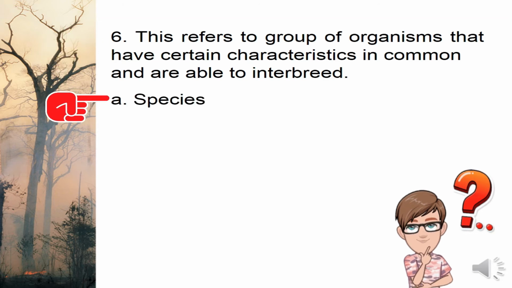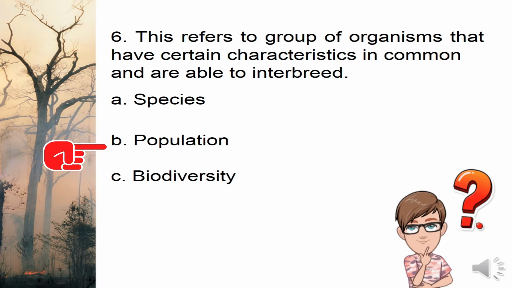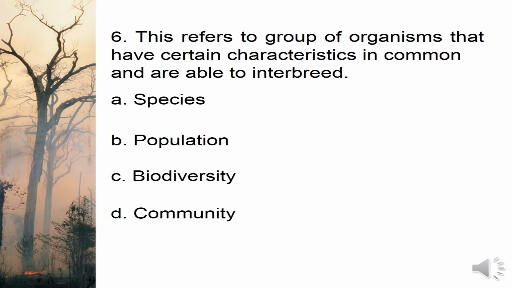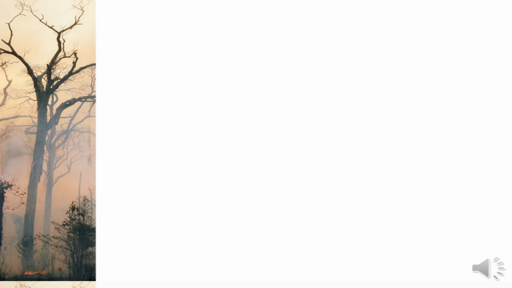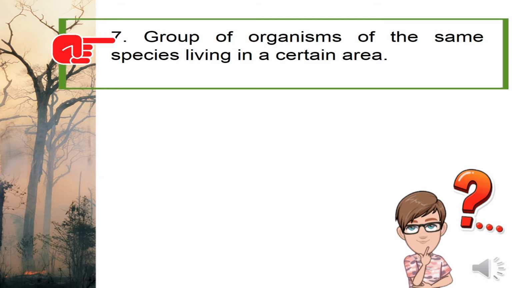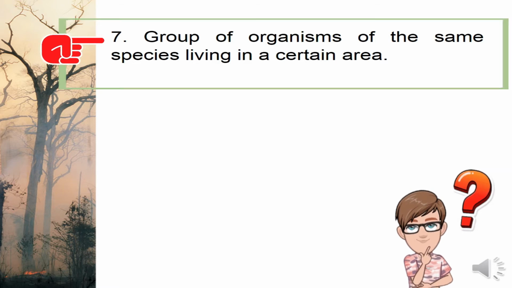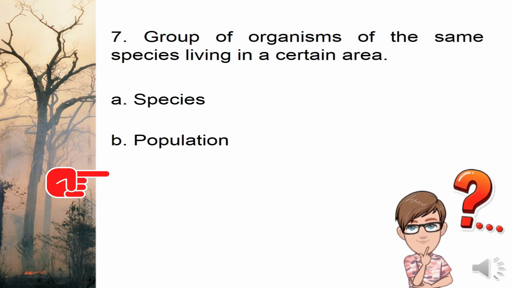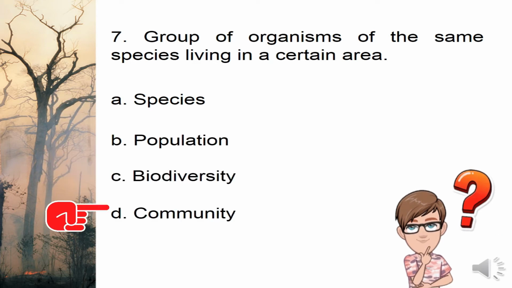A. Species. B. Population. C. Biodiversity. D. Community. Seven. Group of organisms of the same species living in a certain area. A. Species. B. Population. C. Biodiversity. D. Community.